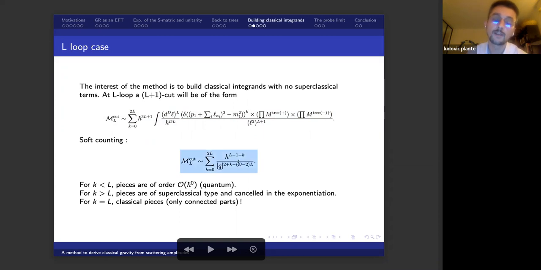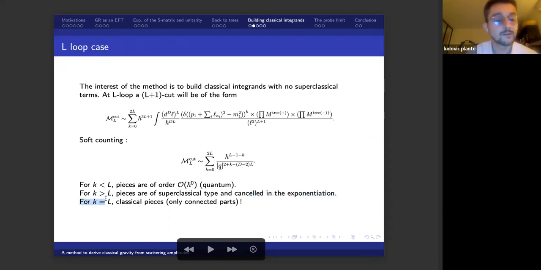So now you can classify your h bar order or Q order. You see that if the number of delta functions is less than the loop order, then the pieces are quantum, for h power 0, h power 1, etc. If I have more delta functions than the number of loops, you have pieces that are super classical, and you will cancel them in the exponentiation, as I will show in an example at one loop just after.